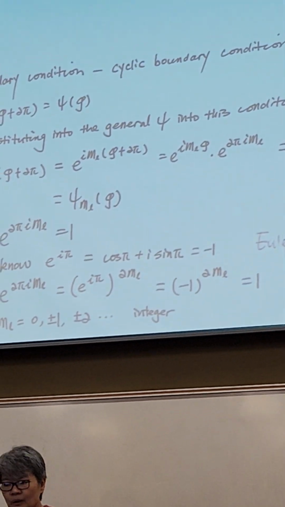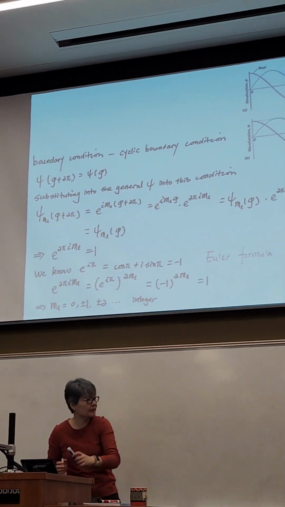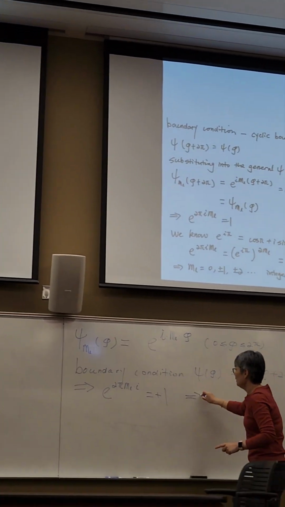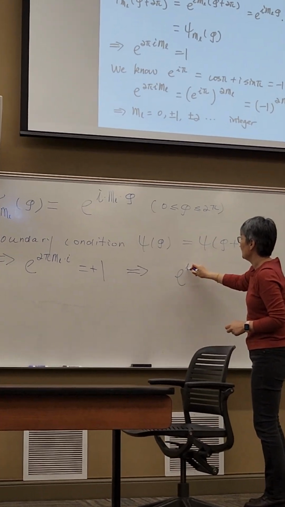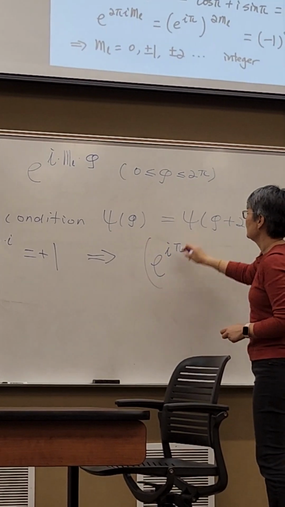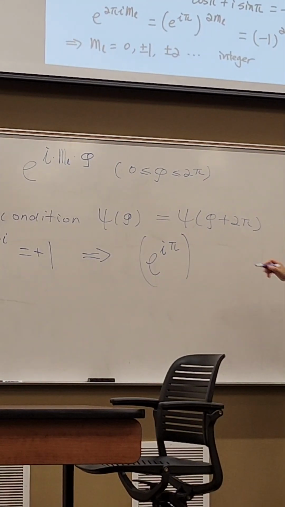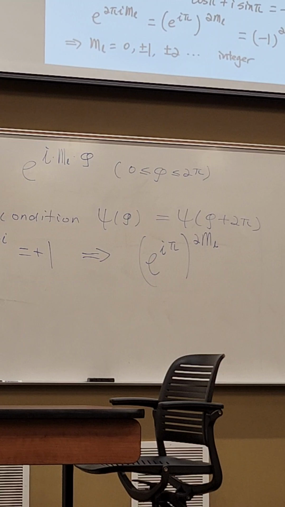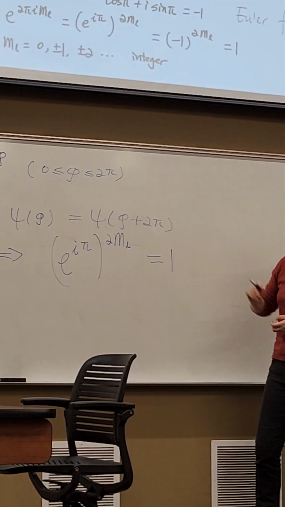Now we know you can rewrite this as e to the i pi raised to the power of 2 m sub L. That's just a relationship that you learn from the exponential function, and that has to be equal to 1.